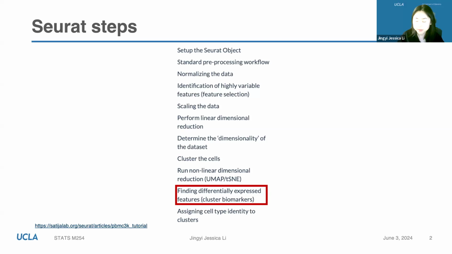Okay, then besides these two classical algorithms that operate on Euclidean distances, we have graph-based clustering. Graph-based clustering is closely related to the concept called manifold learning.